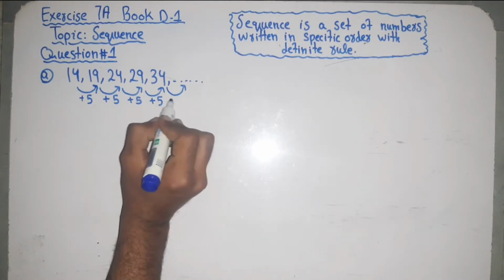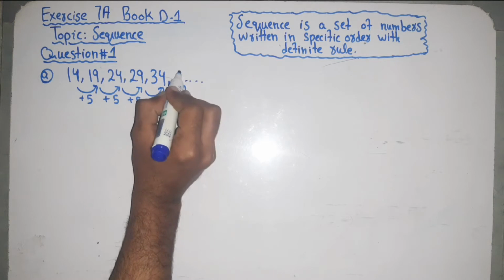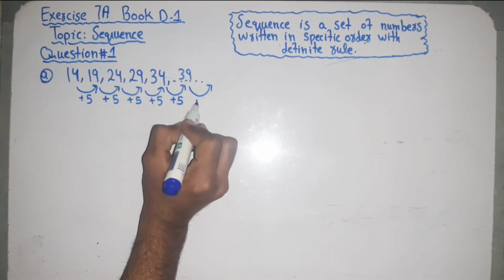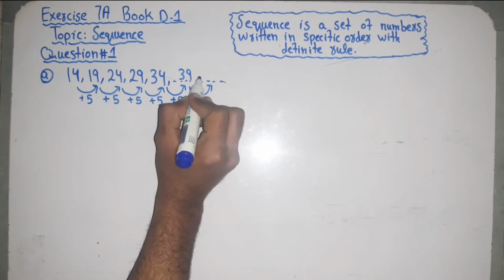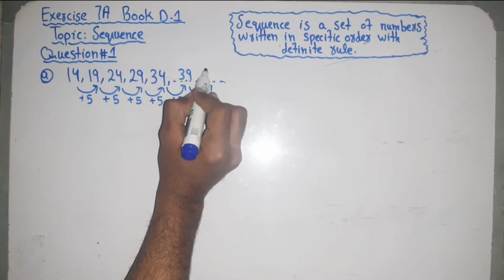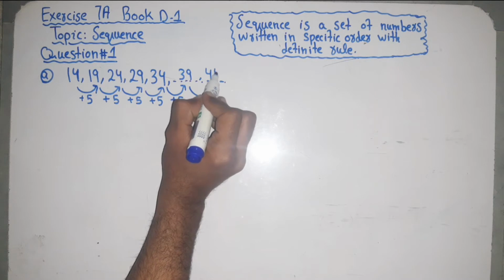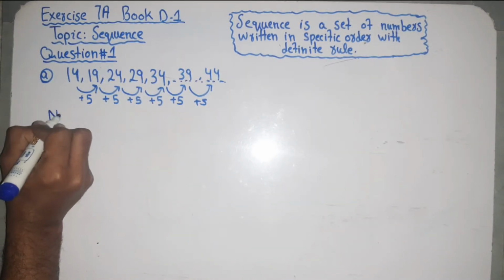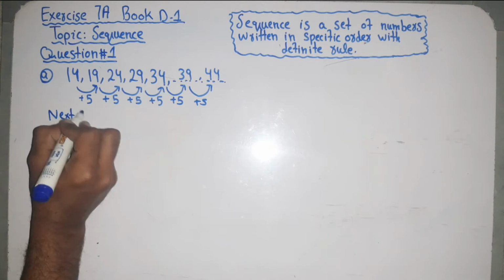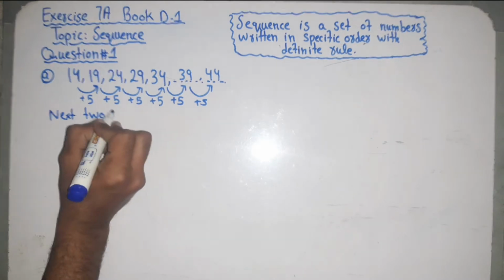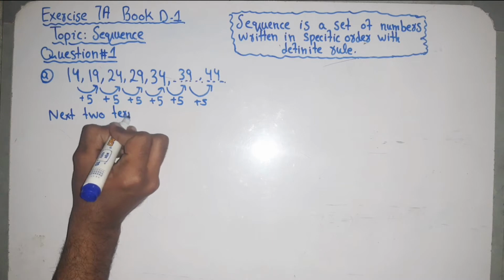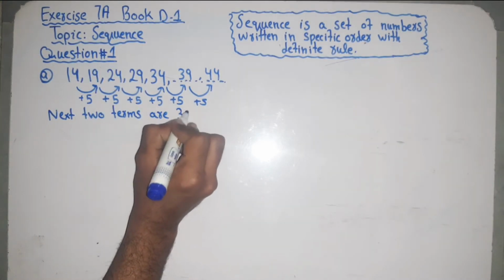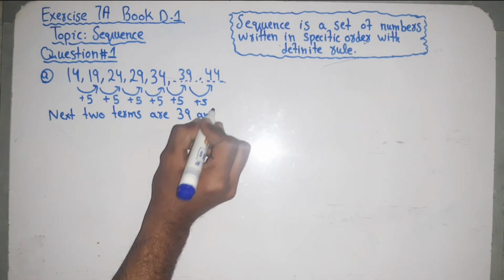If we add 5 to 34, what will be the next term? 39. And if we add 5 to 39, what will be the next term? This will be 44. Okay, so the next two terms are 39 and 44.